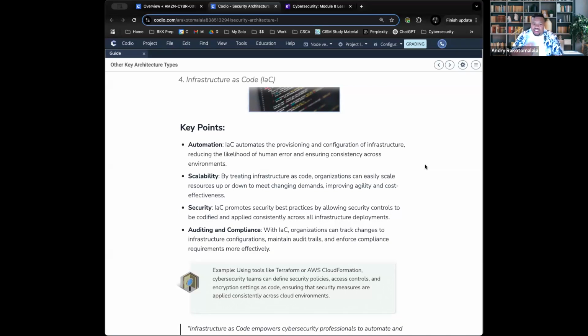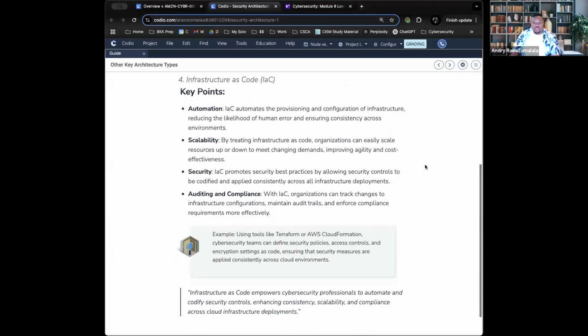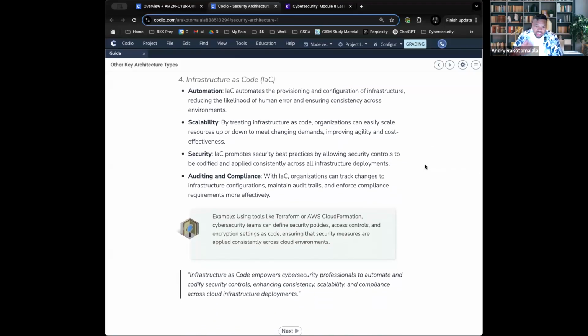It's just fast and it's very, very efficient. Another reason why infrastructure as code is important is because it does promote security best practices. That means that you're using all of the most efficient, most secure ways to update it, as well as the most impactful way to do that.